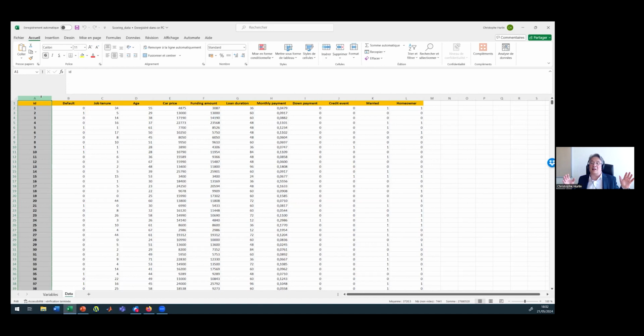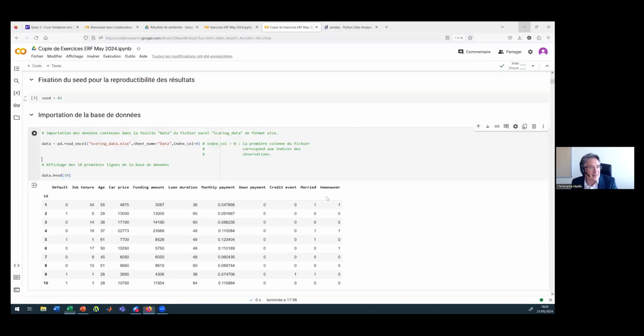For instance, when I use MATLAB, the first column of a matrix is 1, the second is 2. With Python, when I have a matrix, the first column is indexed by 0, the second by 1, the third by 2. So when I say index column equal to 0, it means that the first column of my file contains the index of the observation.